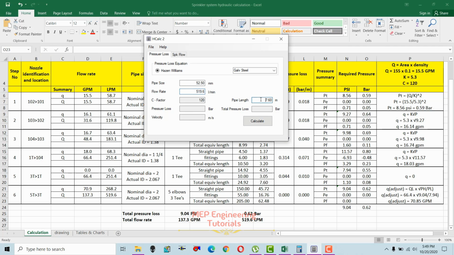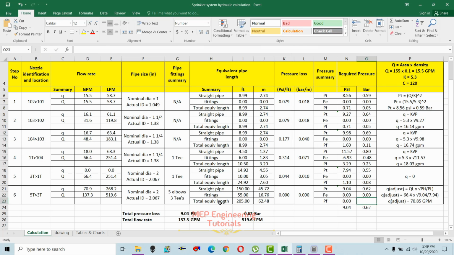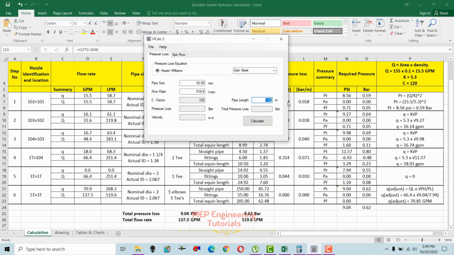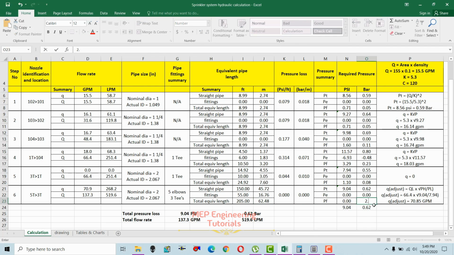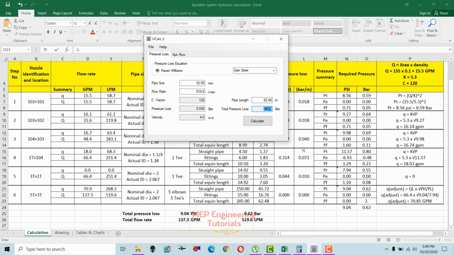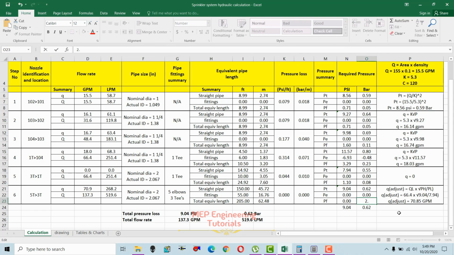And length, total equivalent length is 62.48 meters. Calculate. So total pressure loss is 2.374 bar. So this one is in psi.